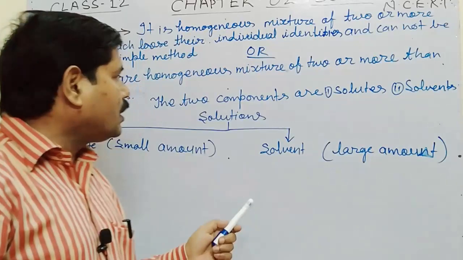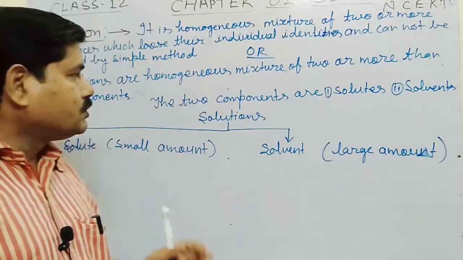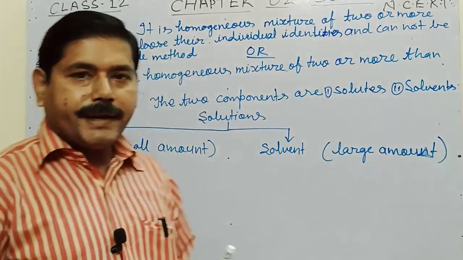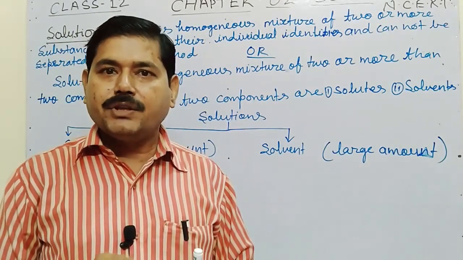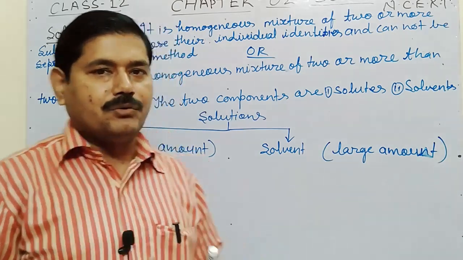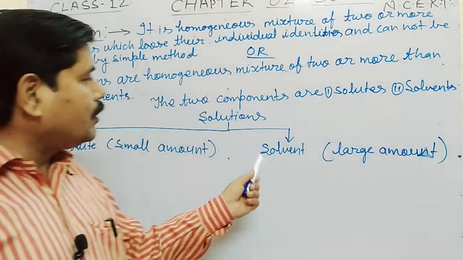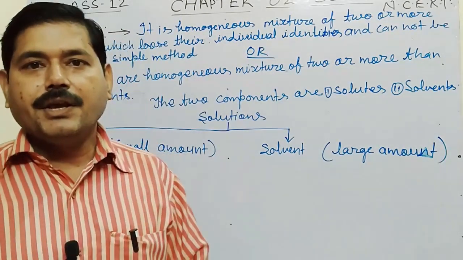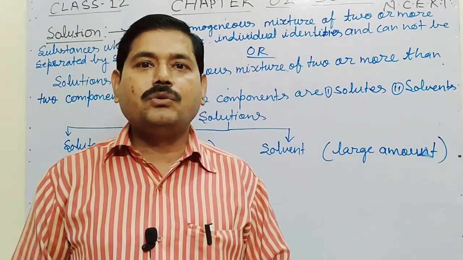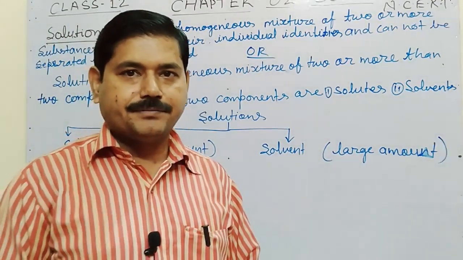But the two main components are solute and solvent. The component present in a small amount in the solution is called the solute, and the component present in a large amount is called the solvent.